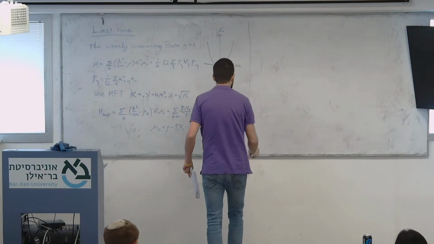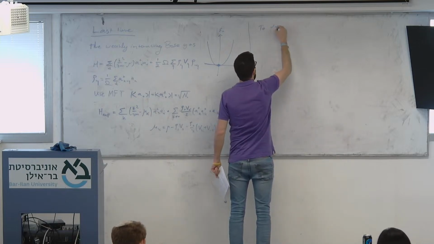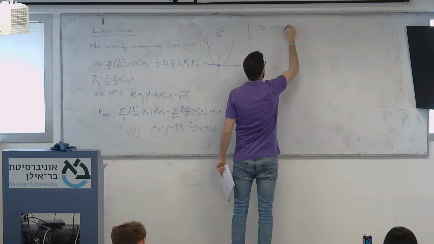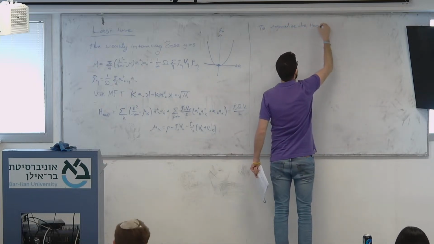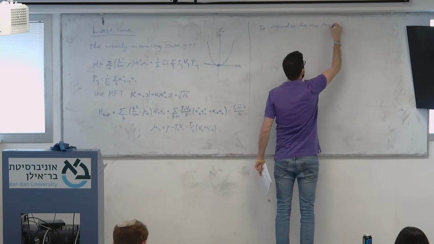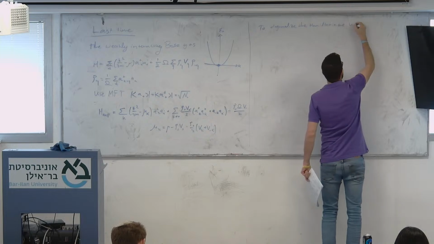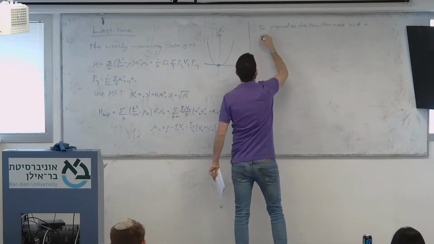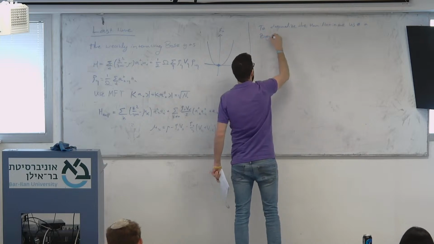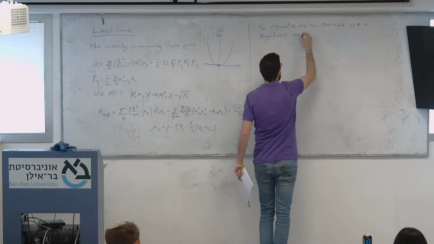Then we use the Bogolyubov transformation to diagonalize the Hamiltonian.